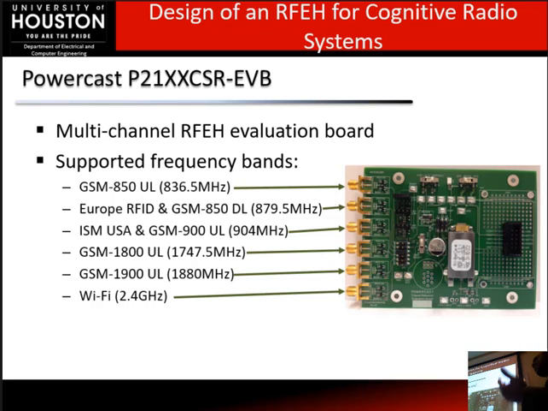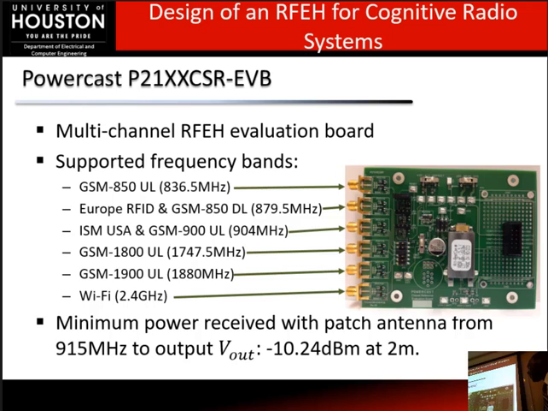It harvests radio frequency signals converted to DC voltage that can be used to supply power to a sensor board or any low power device. I also measured the power received by this board in order to find the bare minimum power needed to operate this board. So it is about -10 dBm at a distance of 2 meters.